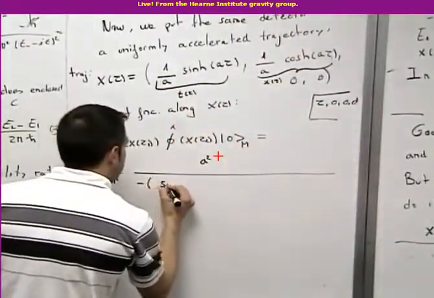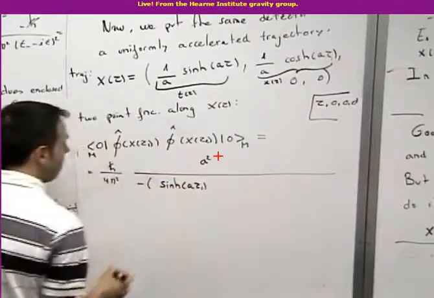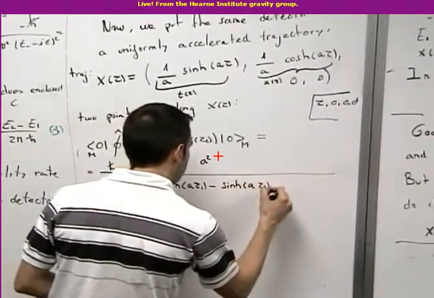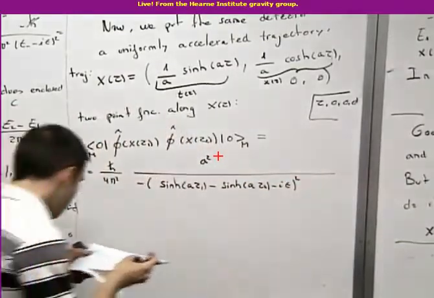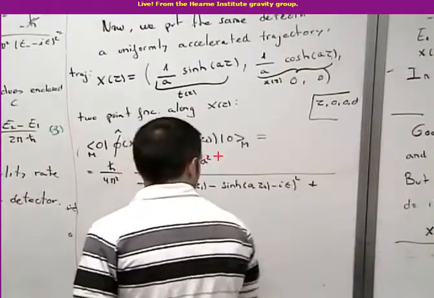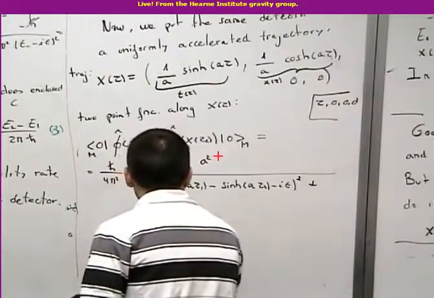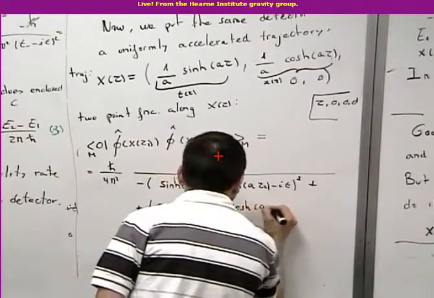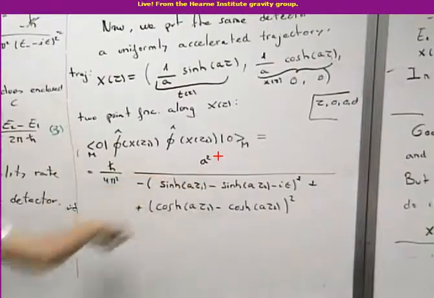So this is just hyperbolic sine of a tau 1, hyperbolic sine of a tau 2, minus i epsilon, squared, plus the x is a hyperbolic cos of a tau 1 minus cos a tau 2 squared. Everything is in the denominator.